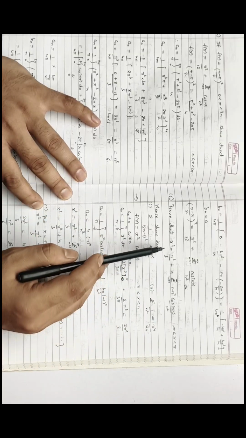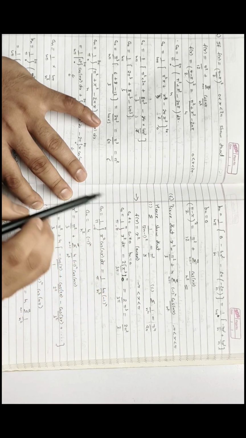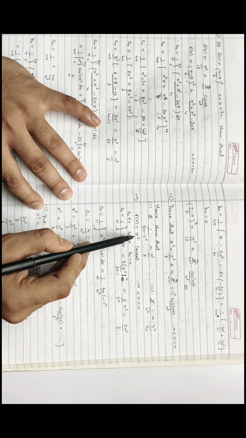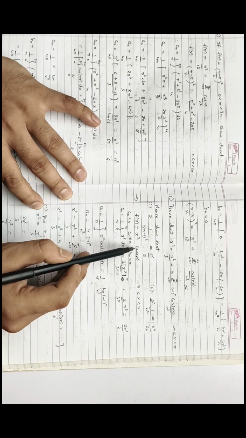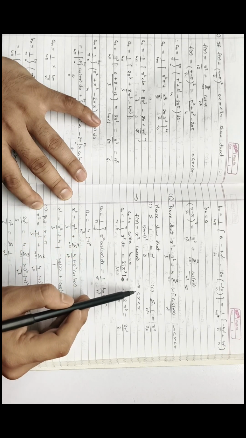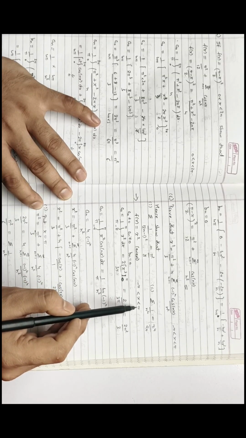So we will first find the Fourier series of the function. The given function is x square. So this x square is an even function. Remember this, because the interval is from minus pi to plus pi.